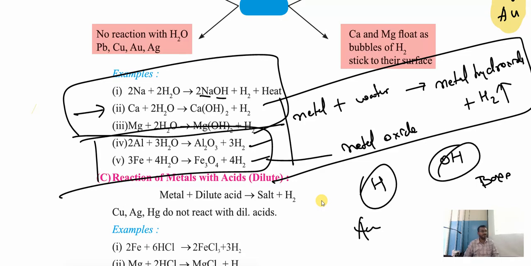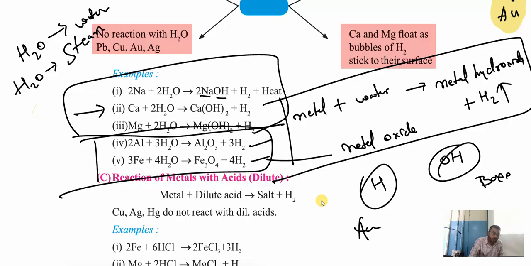The formula of water is H2O. The same H2O is the formula of steam also. In the question they will ask, when aluminium reacts with steam, when iron reacts with steam.